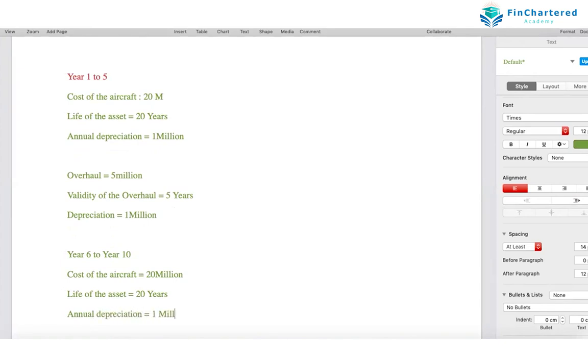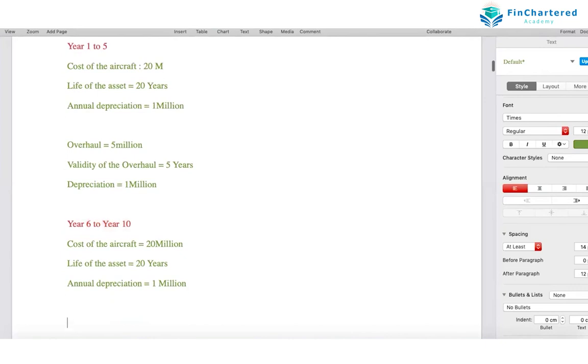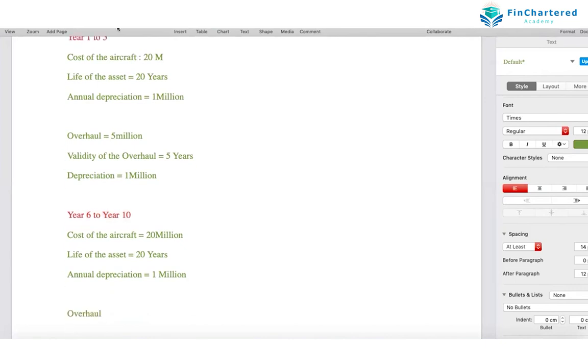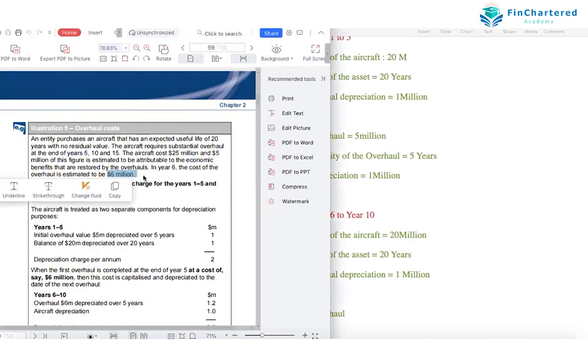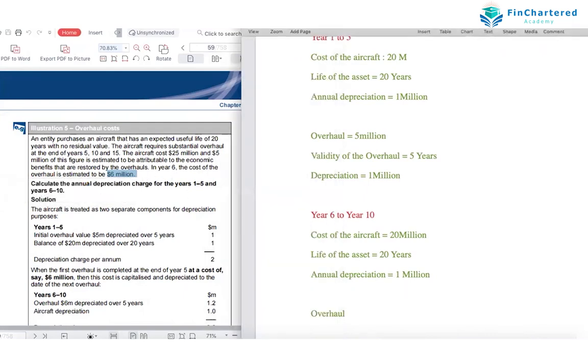There is nothing new in this. But what is changing is the overhaul depreciation. For the second overhaul, see how much is the cost of the overhaul? 6 million. Therefore, here you will put 6 million.